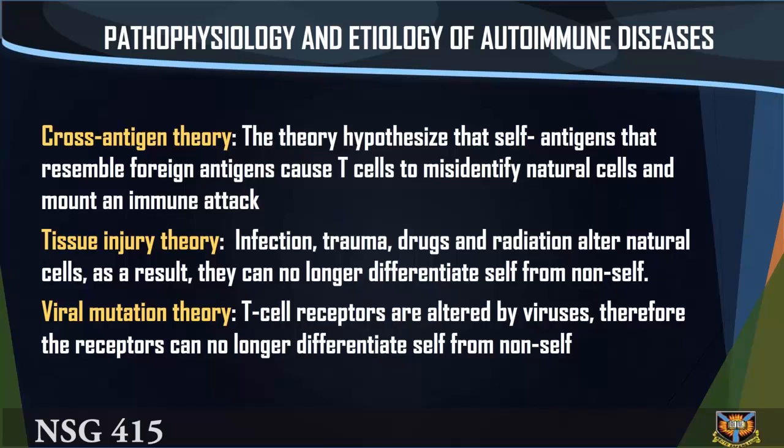B. Tissue injury theory. Infection, trauma, drugs and radiation alter natural cells. As a result, they can no longer differentiate self from non-self. C. Viral mutation theory. T-cell receptors are altered by viruses. Therefore, the receptors can no longer differentiate self from non-self.